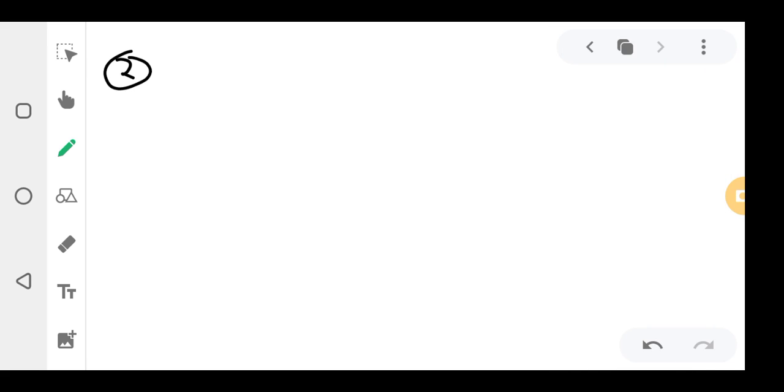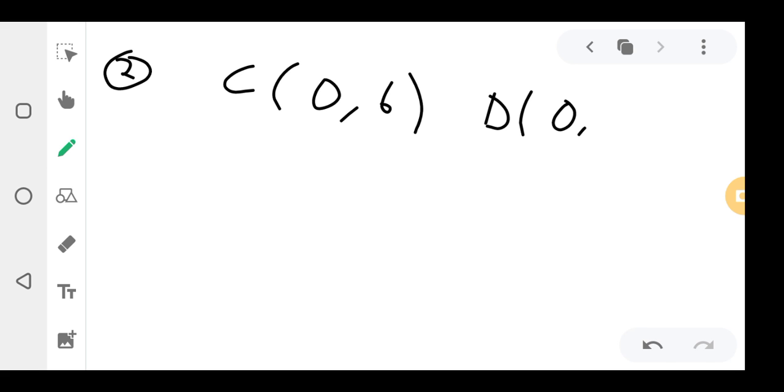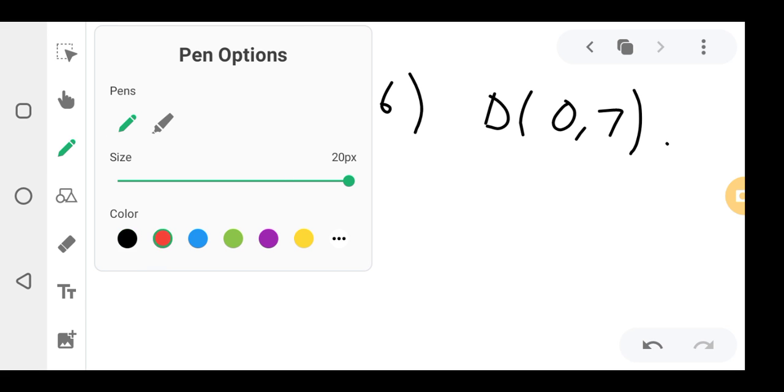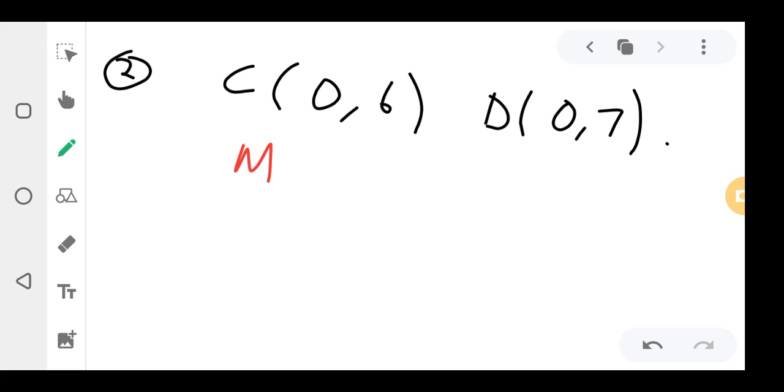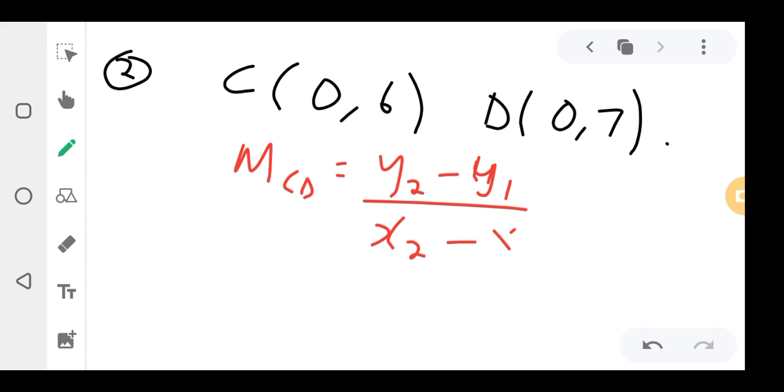Question 2, they can ask you to find the gradient of CD. C is (0, 6). D is (0, 7), for example. How do you find such a gradient? The same method. Gradient CD is equal to y2 minus y1 over x2 minus x1.